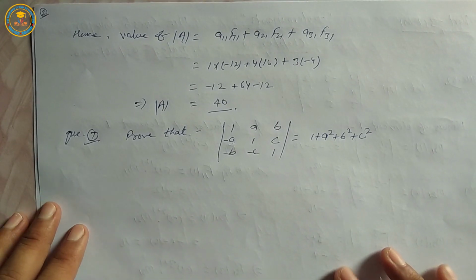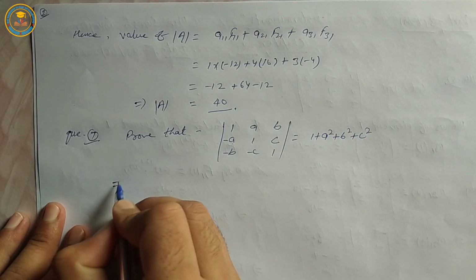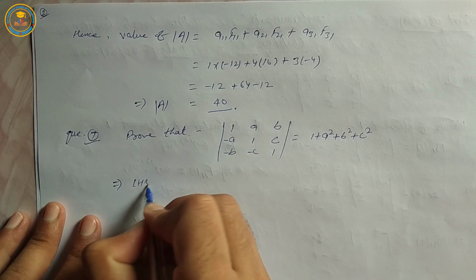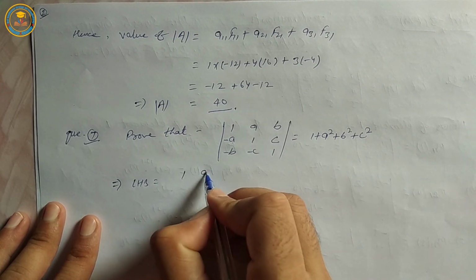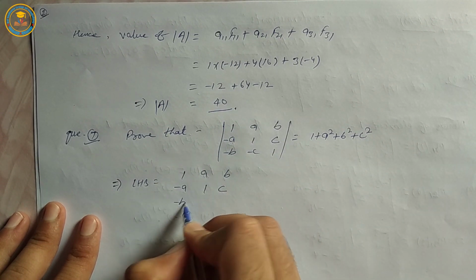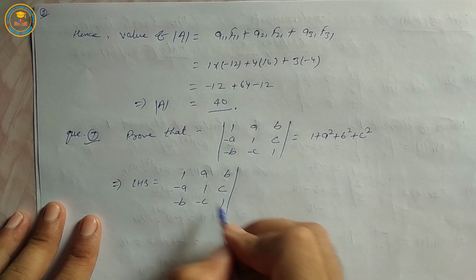Okay, to prove it, the left side is equal to the determinant 1 a b, minus a 1 c, minus b minus c 1.